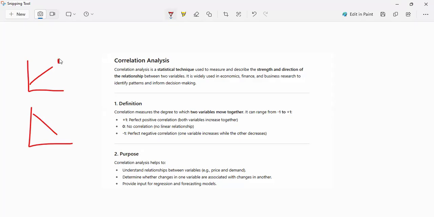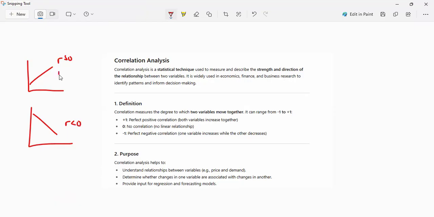The positive relationship R, okay, is when you're greater than zero. When your R is greater than zero, this is a positive relationship. When your R is less than zero, it's a negative relationship.